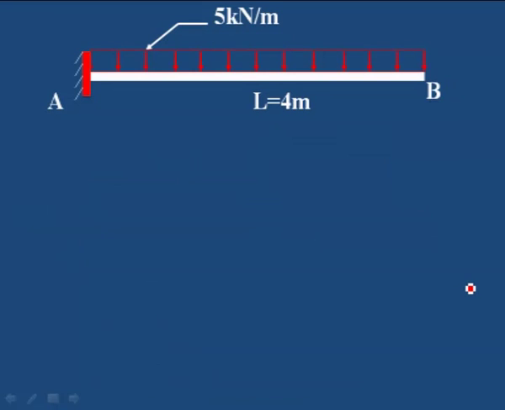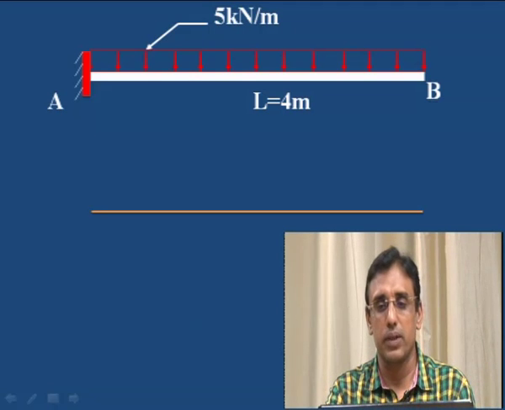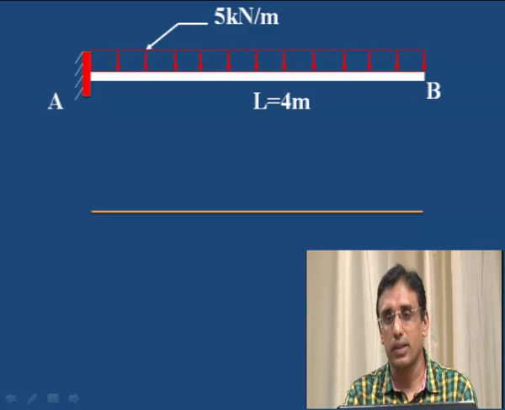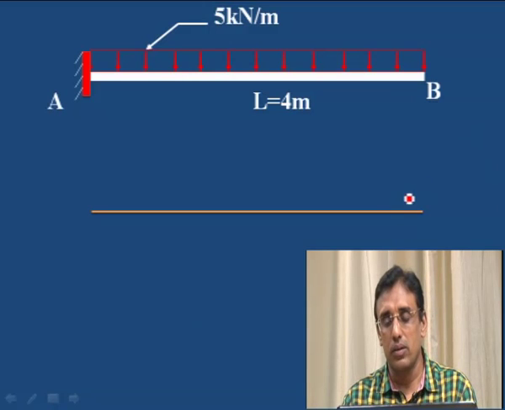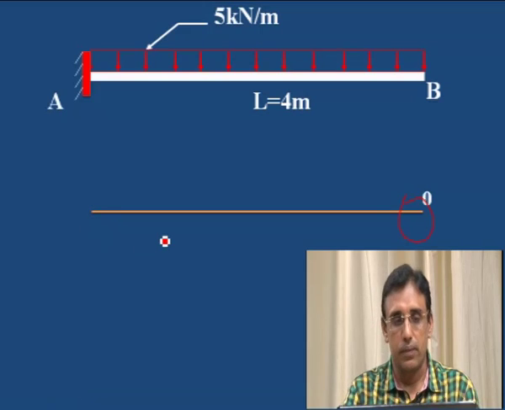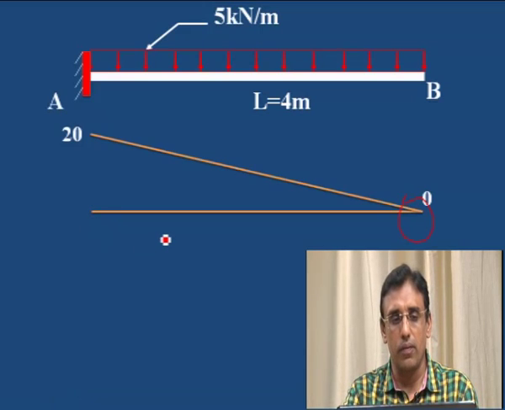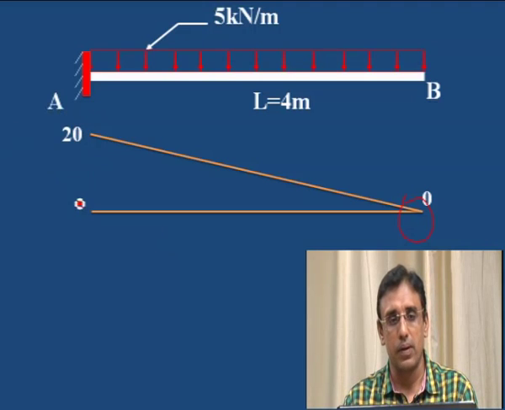Now to draw this shear force and bending moment diagram, you can observe here. First you draw the horizontal line, and shear force at B is 0. Here it is the maximum, 20, and then close the polygon.